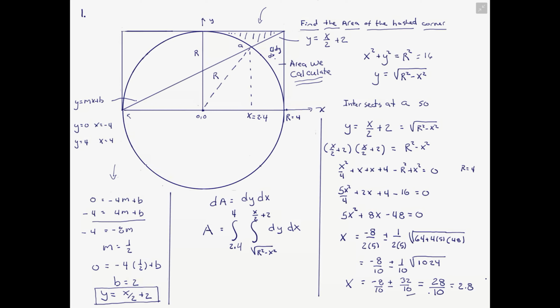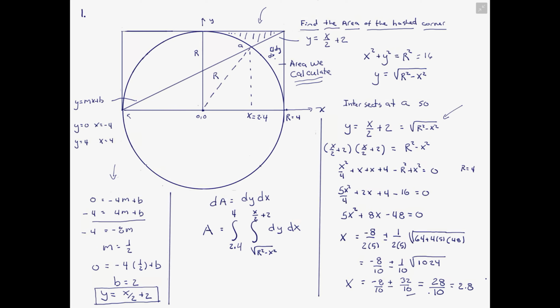To find the intersection of the line with the circle, we make y of the circle equal to y of the line, the same point. So we have y equals the square root of r squared minus x squared equal to x divided by 2 plus 2, and that's what we have on this line right there.